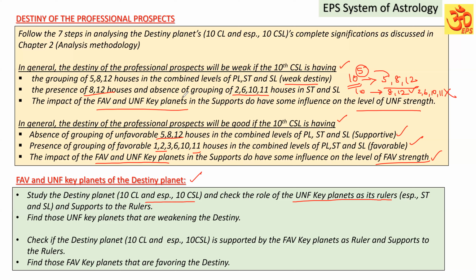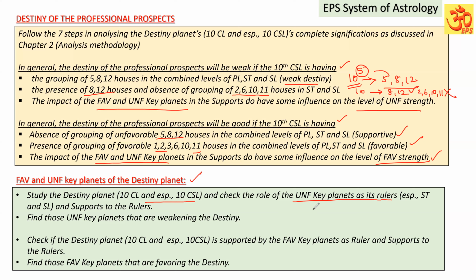When we are studying the destiny, as we discussed above, check the 10th cuspal sublord or 10th lord. If the star level planet and sublevel planet are ruled by the unfavorable key planets, they are unfavorable key planets of the destiny. Or sometimes what will happen, the star level and sublevel of the 10th sublord will not be strongly unfavorable. They can be weak.